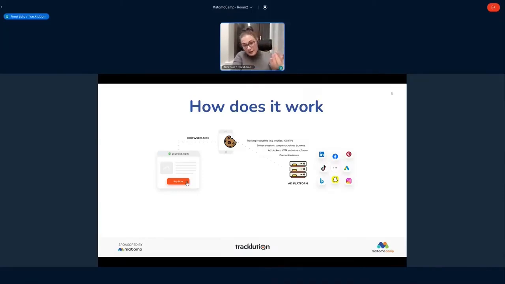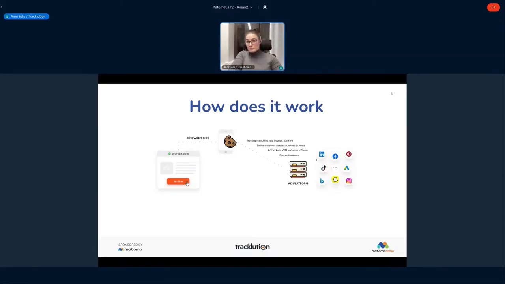Not to mention increased mobile usage. Mobile connections are typically a bit slower, or you're using Wi-Fi, which is slower, meaning that if you have 15 different pixels that should be loaded on your thank you page to tell all the ad platforms that there was a sale, there's simply not enough time before the user who just bought closes the thank you page.